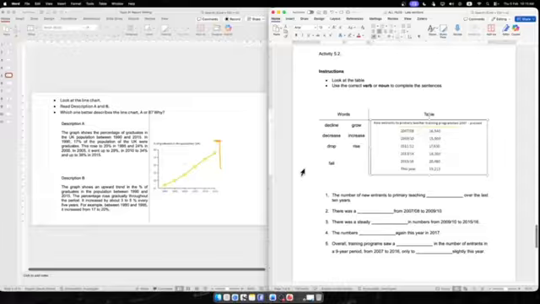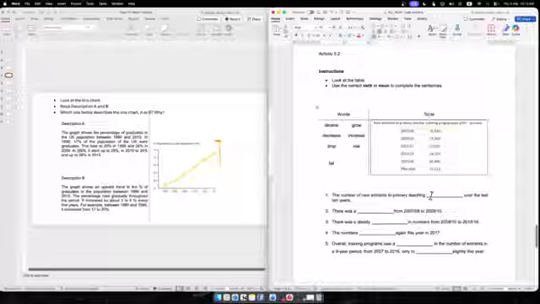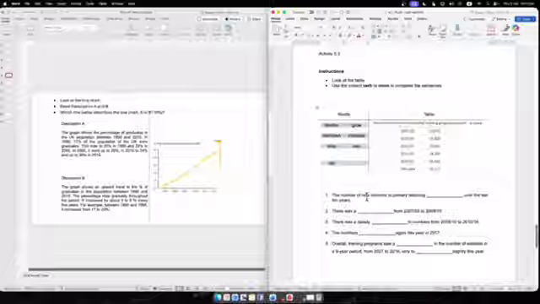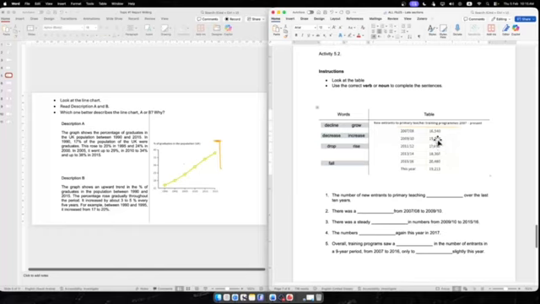All right, let's suppose that you did that. All right, so the idea is to use the words here to describe the numbers, either as a verb or as a noun. So the number of new entrants to primary teaching, over the last 10 years, let's see the table here, 16, 15, 17, 18, 20, and then 19. So broadly speaking, has increased or has grown.